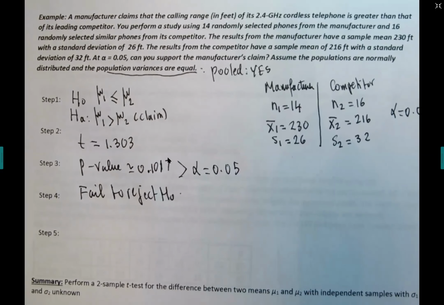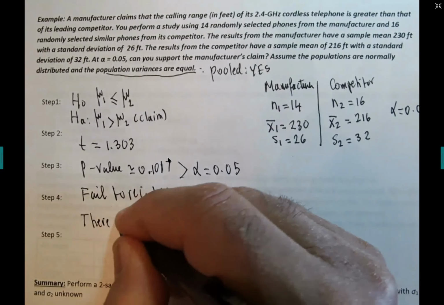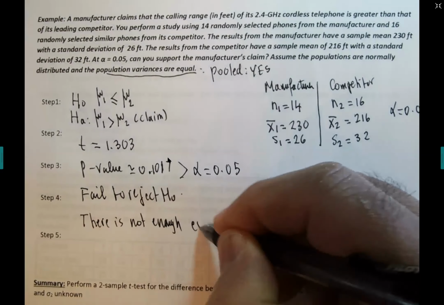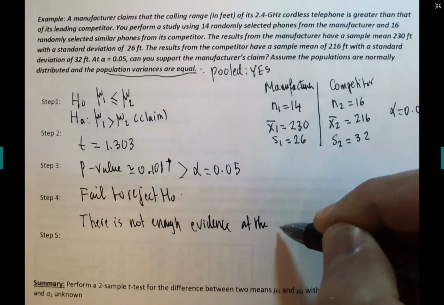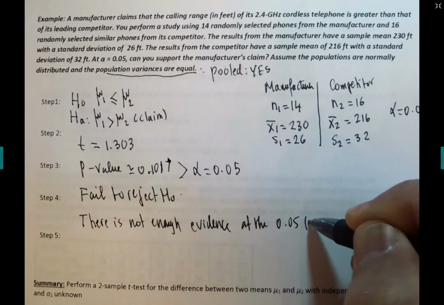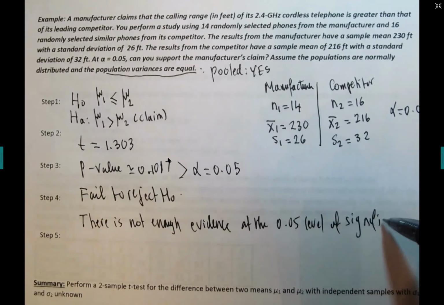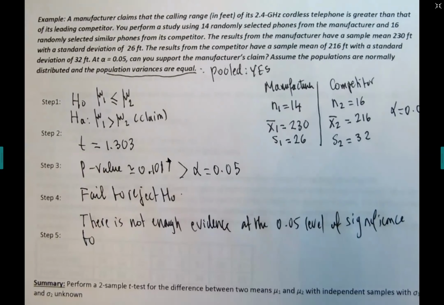And thus, the conclusion is there is not enough evidence at the 0.05 level of significance to support.